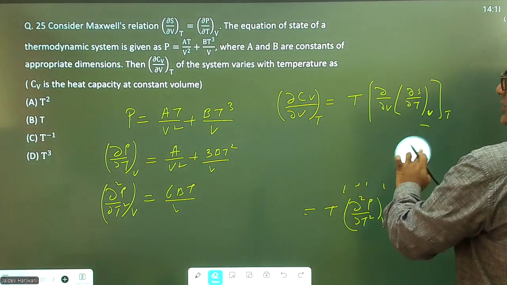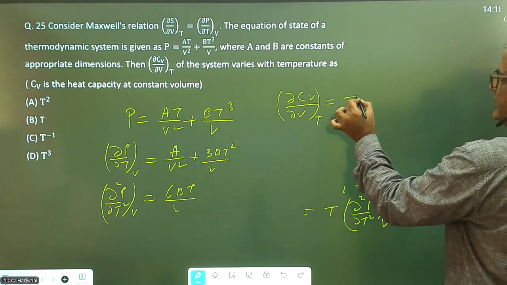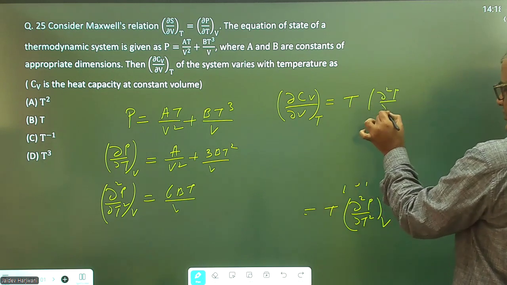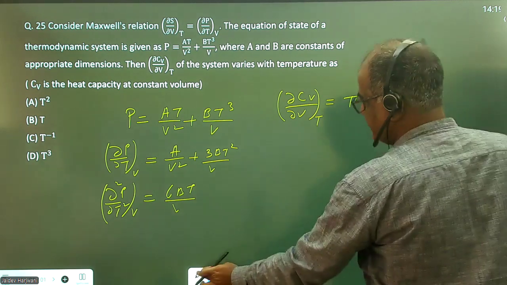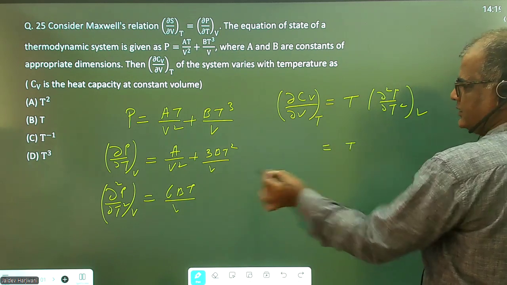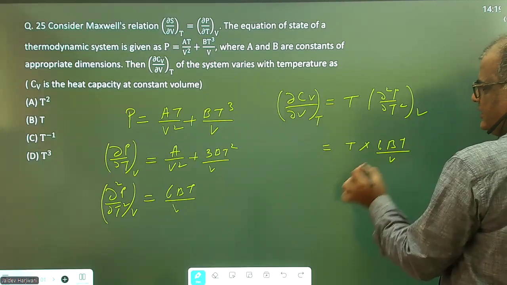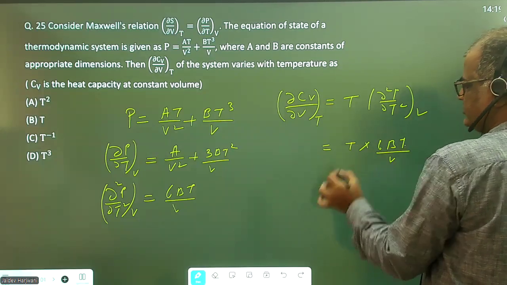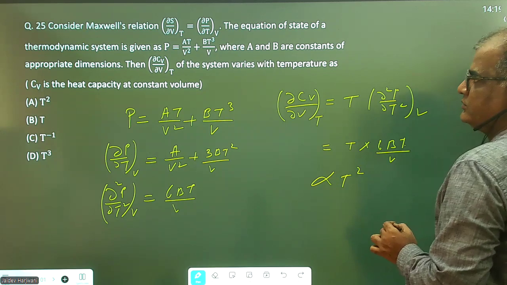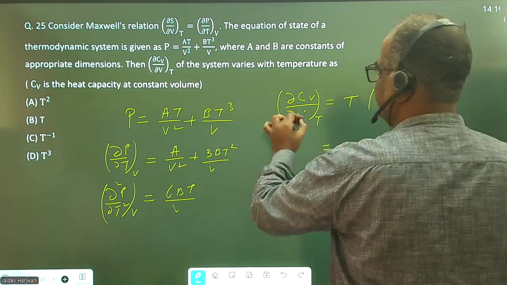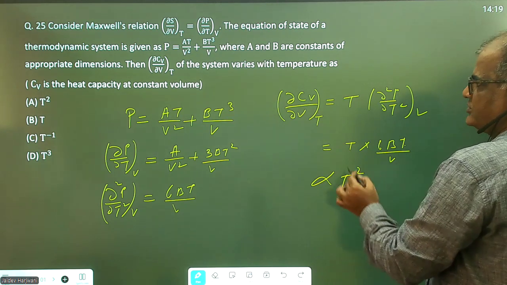And now just put the value here. So my ∂CV/∂V is T ∂²P/∂T² keeping volume constant. This becomes T times 6BTV, and this quantity becomes T². So ∂CV/∂V is proportional to T², other things being constant.